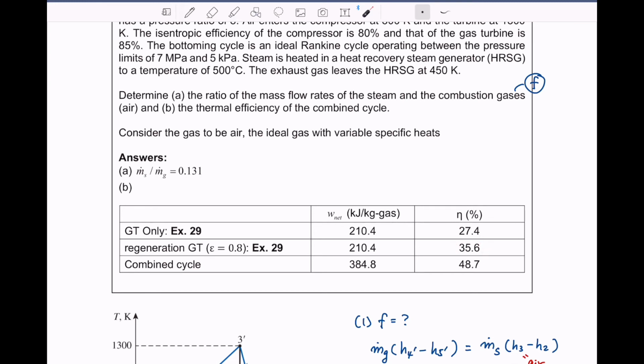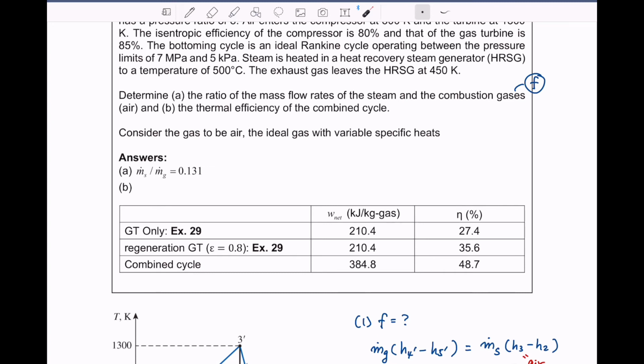Then what if we use the same gas turbine and combine with the steam power plant that is given in this example? So then the net work also can increase drastically from 210.4 kilojoule per kilogram gas to 384.8 kilojoule per kilogram gas. So that is a huge jump.